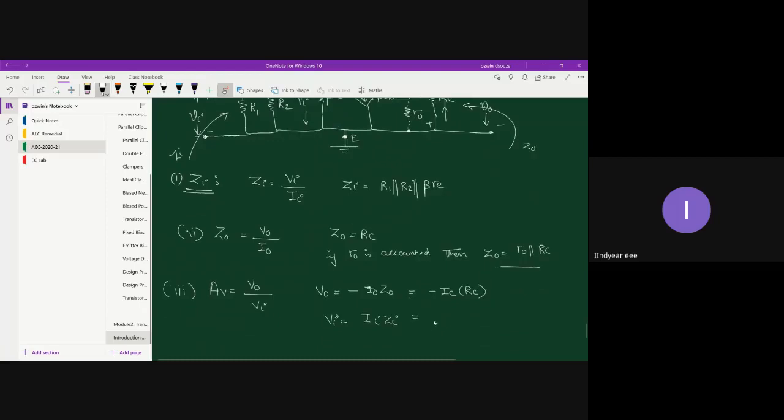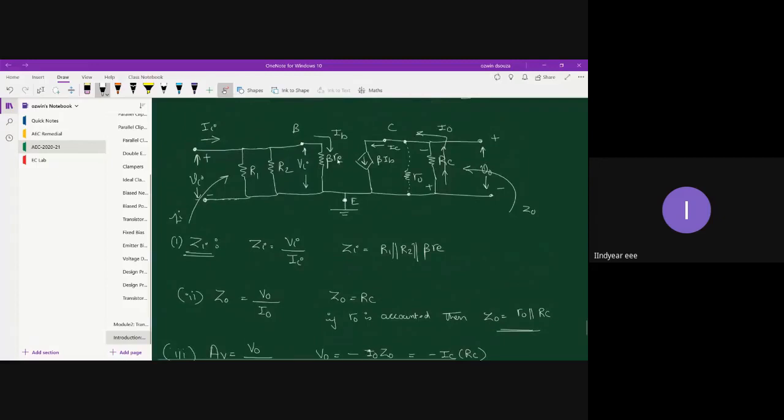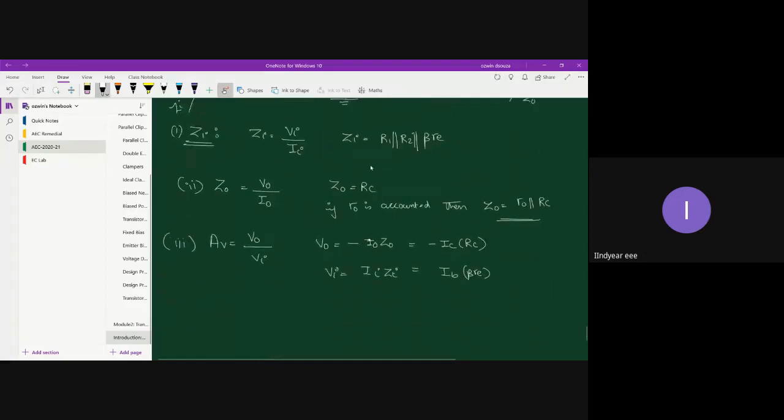So I will take VI as IB into beta RE, voltage minus plus. So VI is equal to IB into beta RE, so that I will be able to get the ratio IC by IB. So AV is equal to minus IC into RC divided by IB into beta RE.